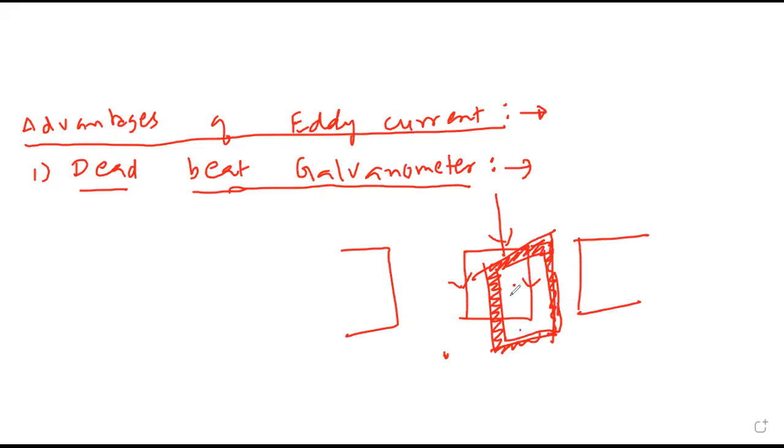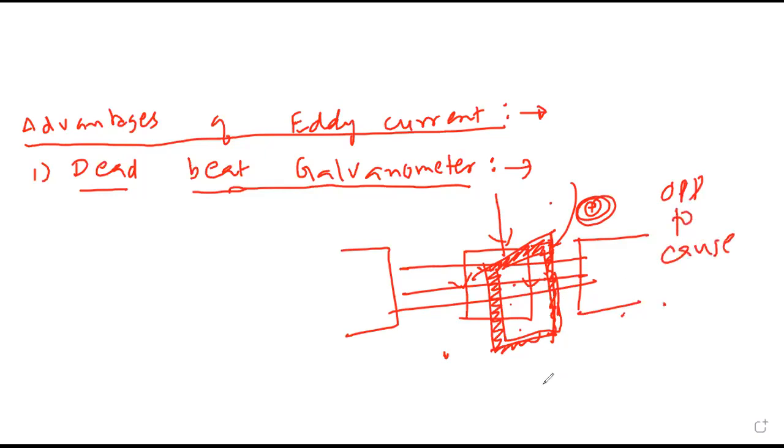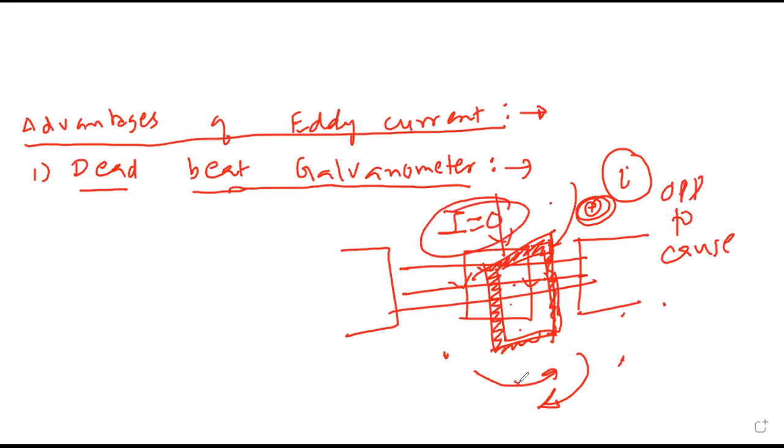Now when this metal is getting deflected in the uniform field, eddy current will come inside it, opposite to the cause producing it. If it is moving anti-clockwise, it will try to push it clockwise. But while the main current is present, this eddy current value is not sufficient to bring it back. But the moment the current is stopped, the eddy current pushes it back in the opposite direction. It brings it back. So we say it makes the galvanometer a dead beat galvanometer.